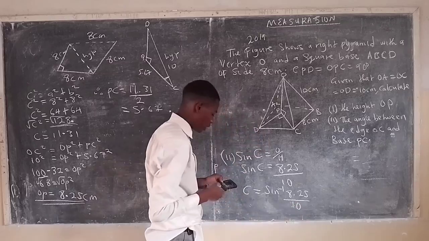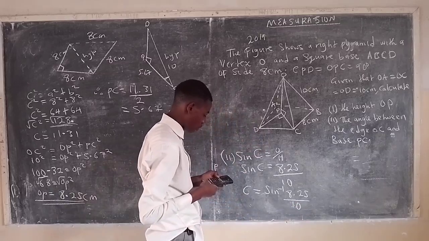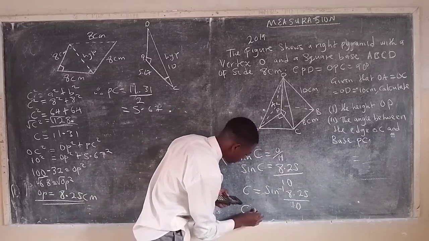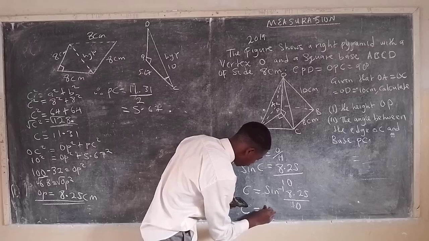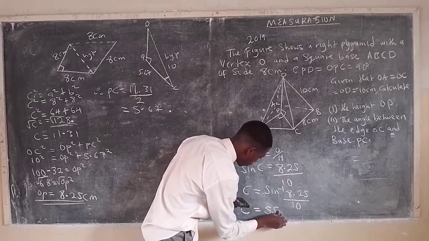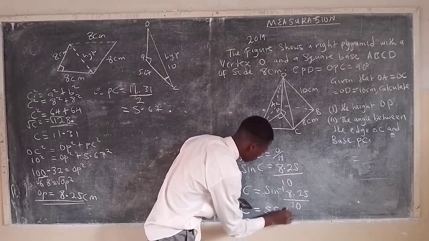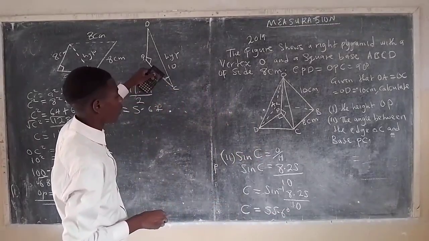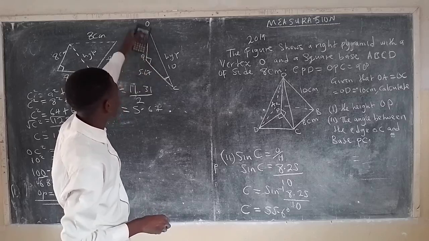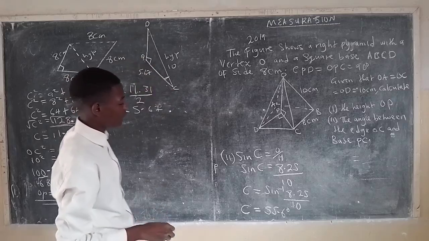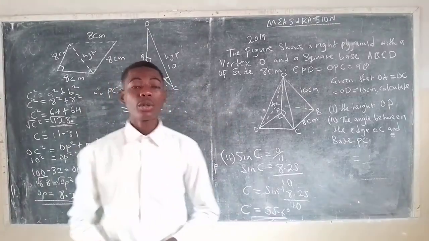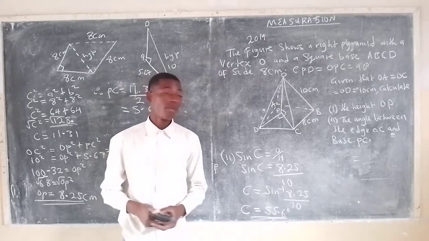When we find the sine inverse of this value, it gives us that C is equal to 55.6 degrees. So the angle between OC and PC is equal to 55.6 degrees. So that is how we work out this type of mensuration question.